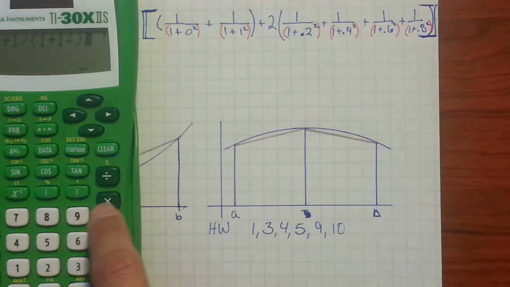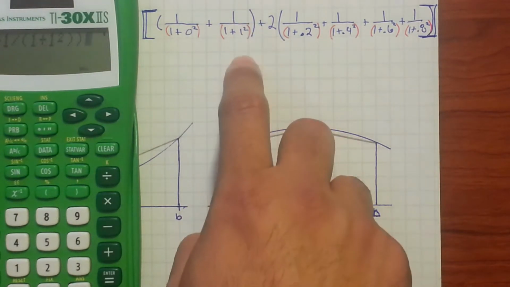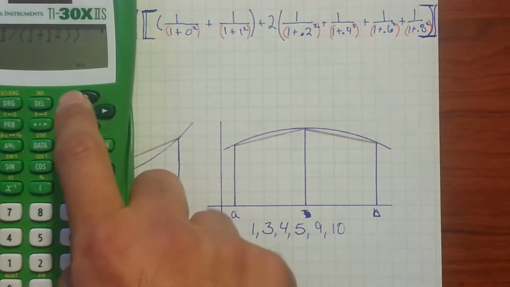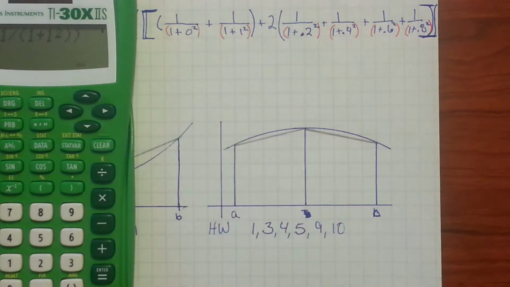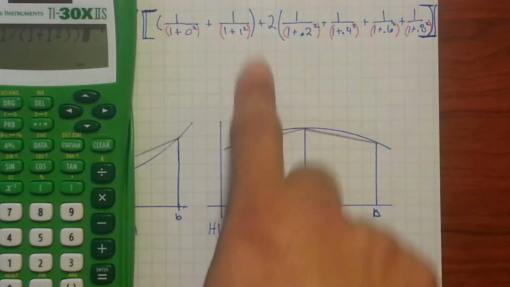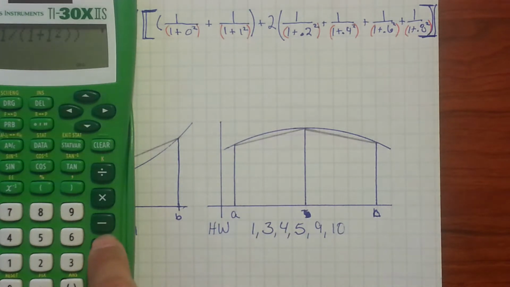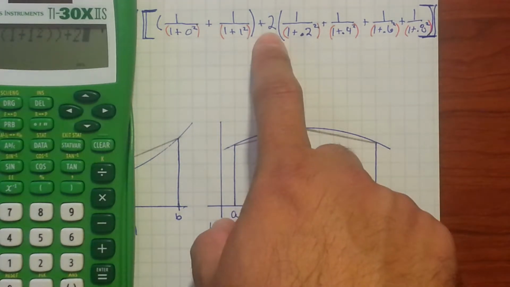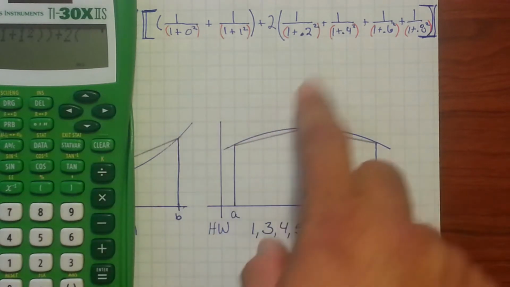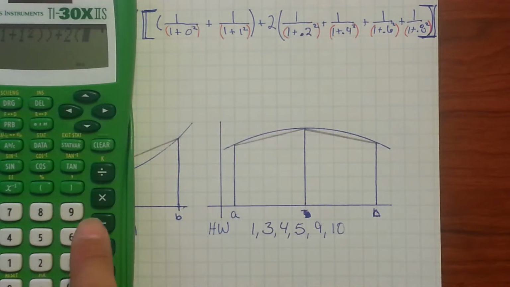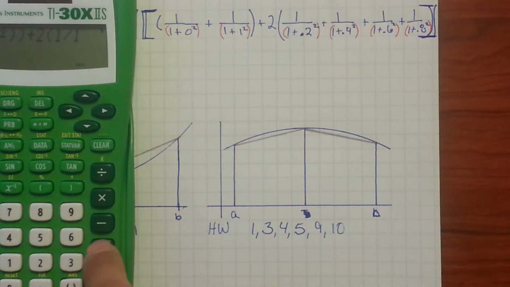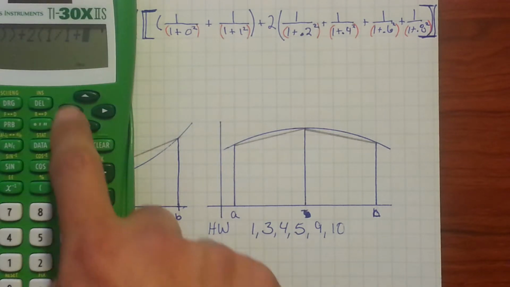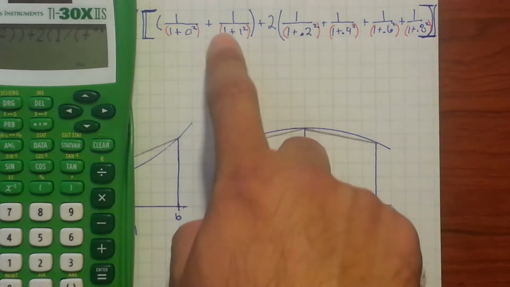Now, close that again, because I closed it there. Plus 2. Next thing is open 1 divided by 1 plus, I'm sorry, there's a parentheses there. Let's skip that one.